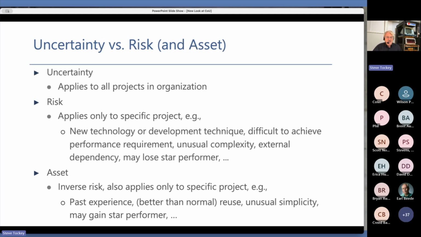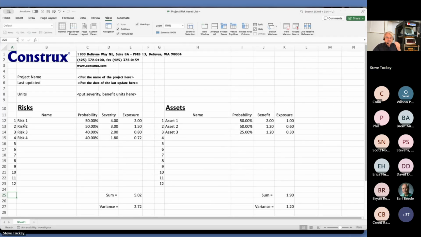And so the idea here is there's this companion spreadsheet where I can type in the name of the project. I can say when I last updated the list, but I can say, what is the risk? How likely is it that it hits me? If it hits me, by how much is it going to hit me? Keeping in mind that the units here have to be the same units that I'm using in the estimate. Okay.